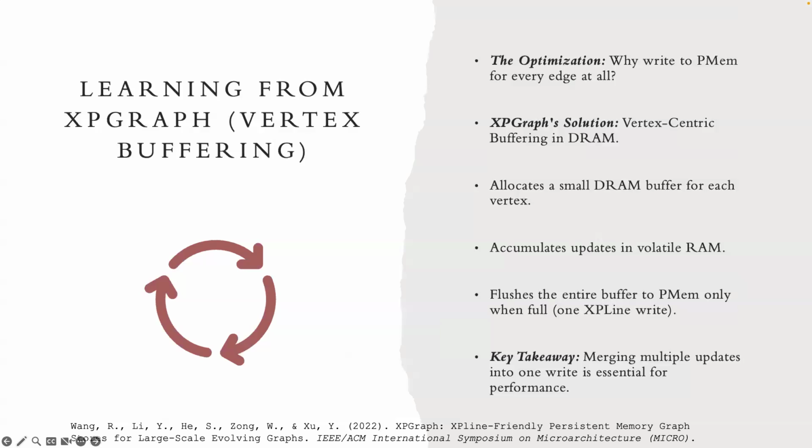Instead, it creates small logs in the DRAM based on the vertex, and then when a 256 byte block is getting full, it merges it into the persistent memory. So this framework avoids the compromise DGAP made by writing everything into the DRAM first.